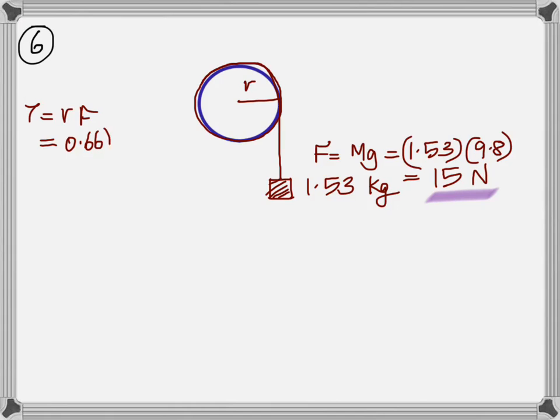And then torque is r times F, so 0.66 times 15. It's 0.66 because you have to change the centimeter into meter. So you get 9.9 meter Newton. And then the moment of inertia is mr squared by 2.